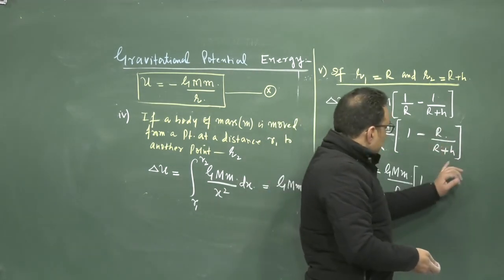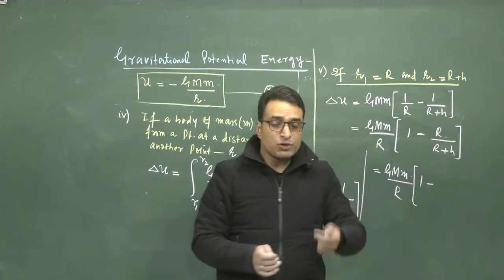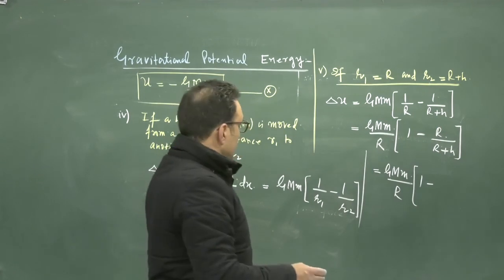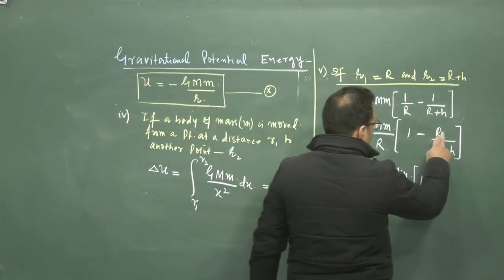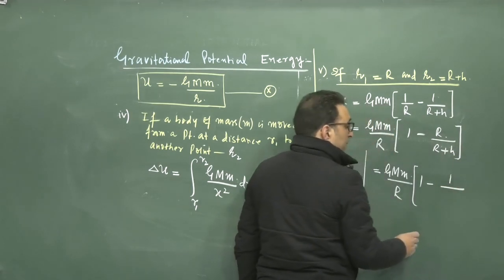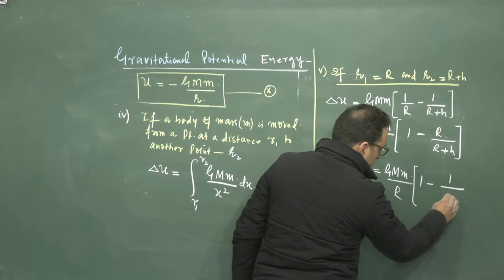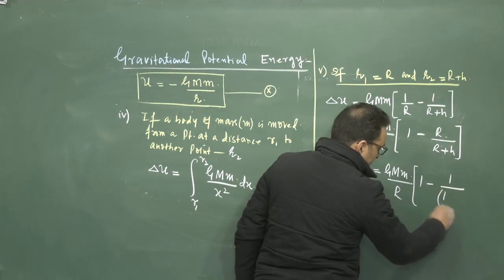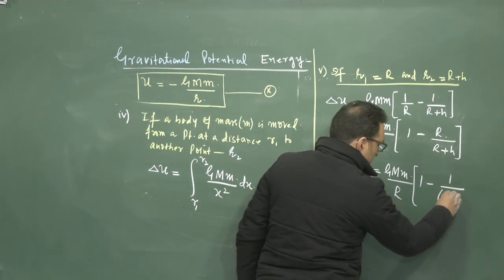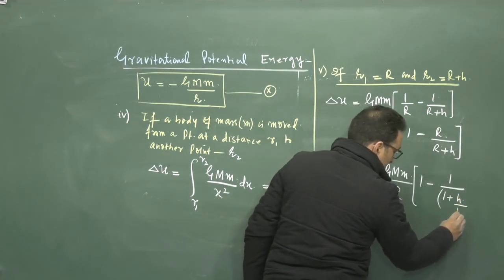Now let me divide this term, R divided by R plus H, both numerator and denominator by R. If we divide here by R, we are left with 1 divided by, the denominator we divide by R, R divided by R is 1, then plus another term will become H by R.